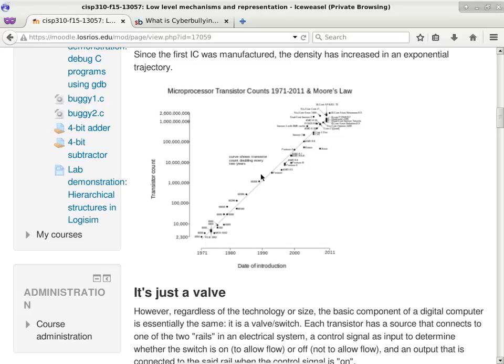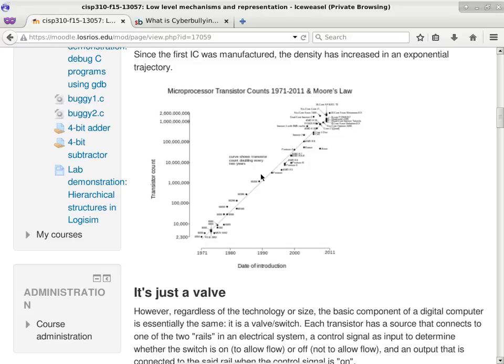And you can see, what about this line here? The individual dots are landmark computers throughout time. They plot it based on when that computer was invented and the count of transistors in that computer. So what is this graph telling you?